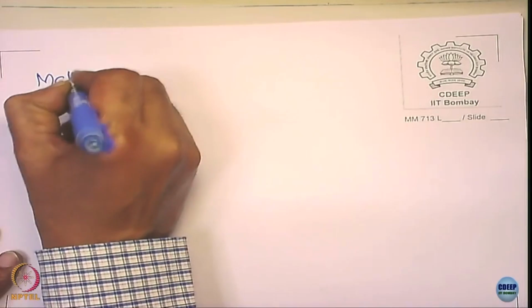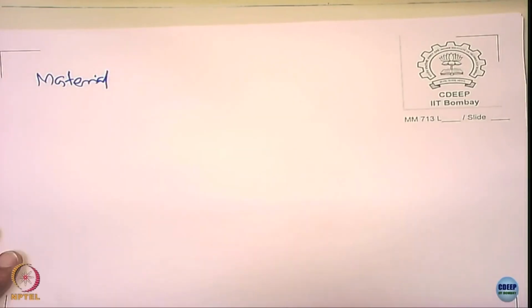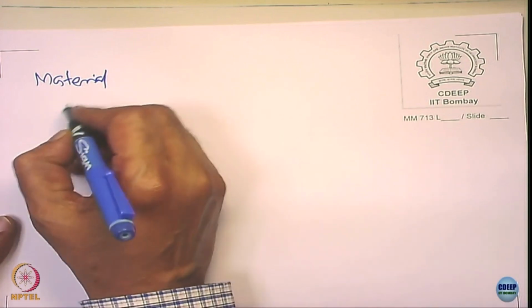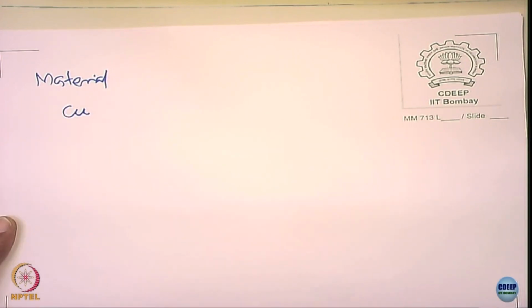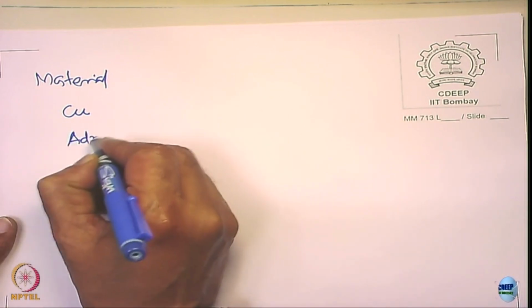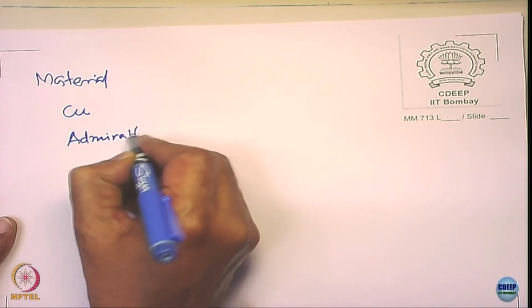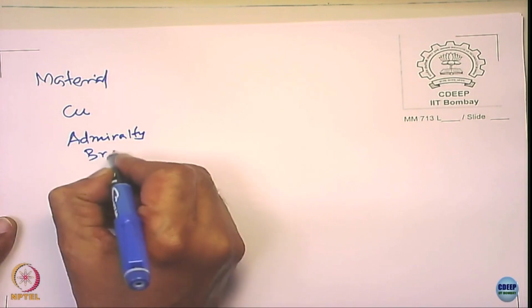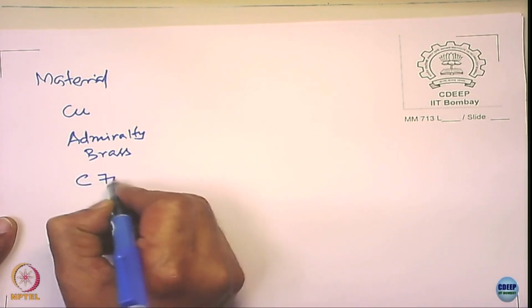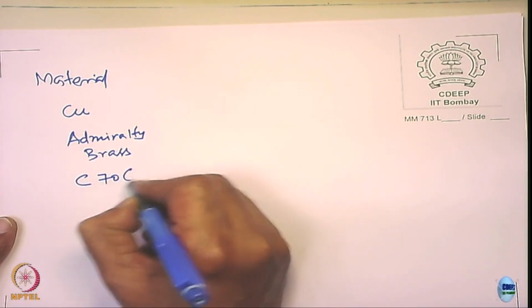Suppose you take, say, material, let us take copper, Admiralty brass, and you can take, let us say, C706, and this is copper nickel, right.